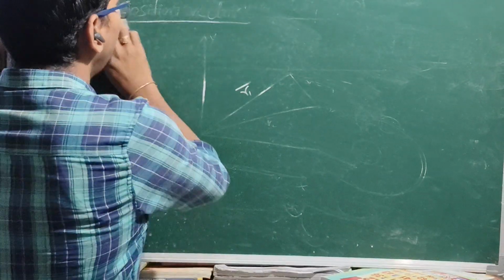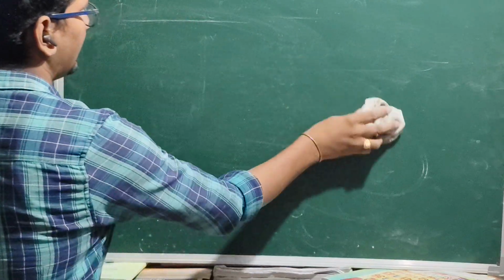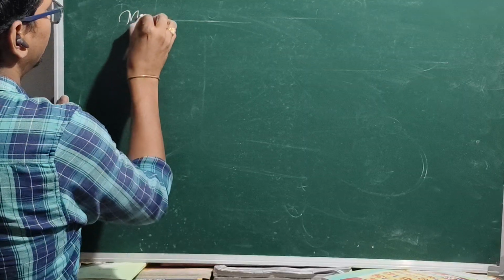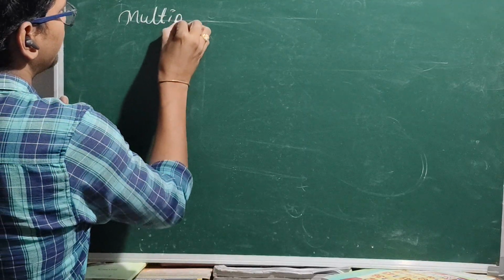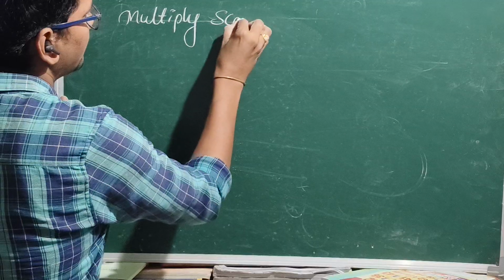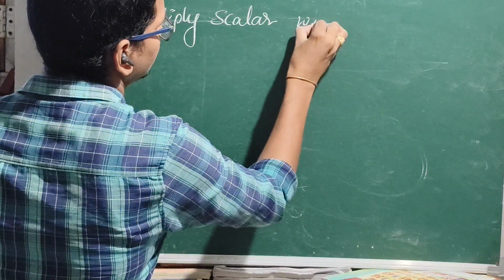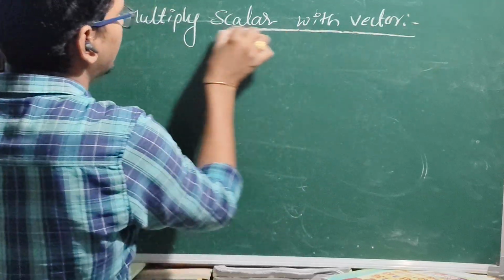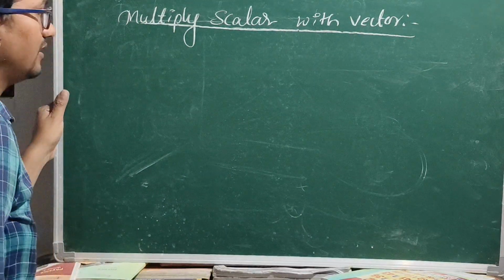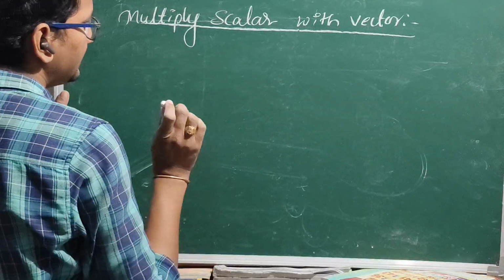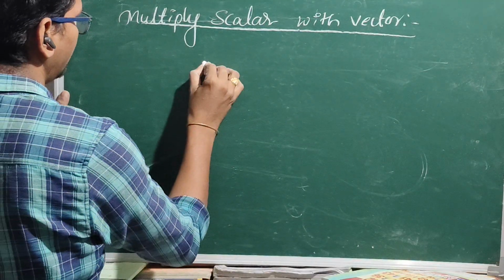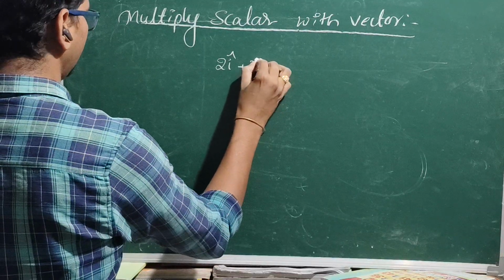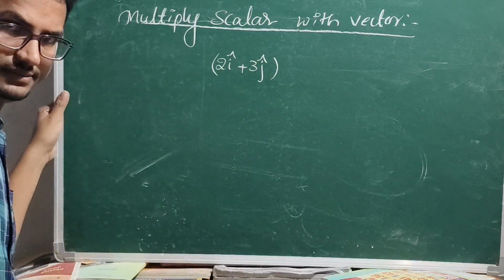And next one, if you want to multiply a scalar with a vector, multiply scalar with vector, then what do we get? See, multiply the scalar with the vector. For example, 2i cap plus 3j cap is there.